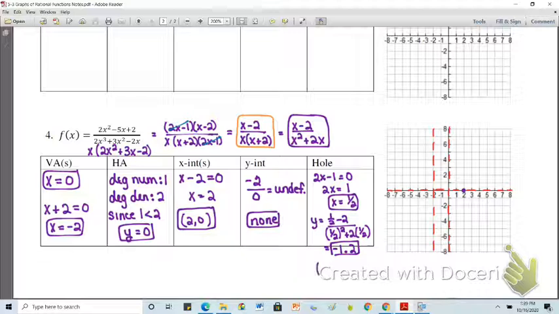So I have a hole at 0.5 and -1.2. And since I'm graphing it, it's okay to write it as a decimal. So at +1/2, I have a hole right about there.